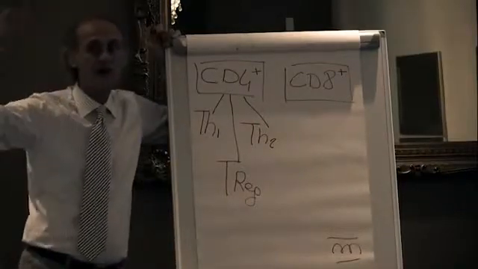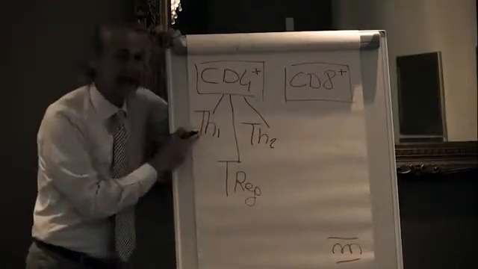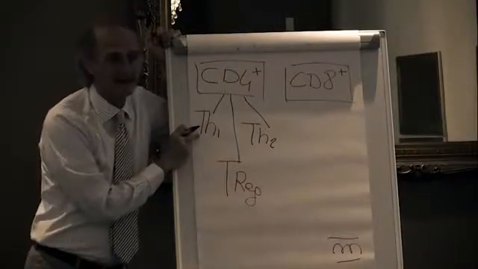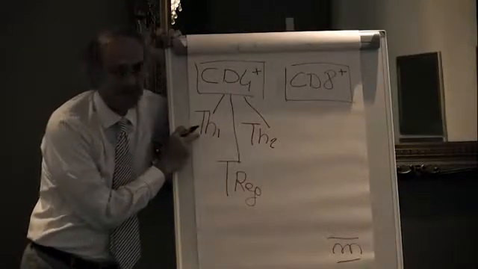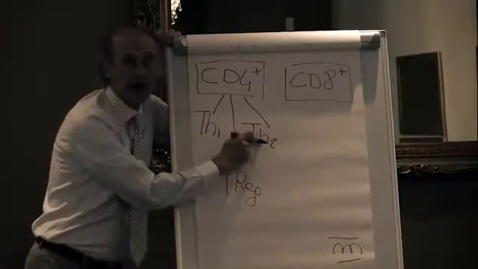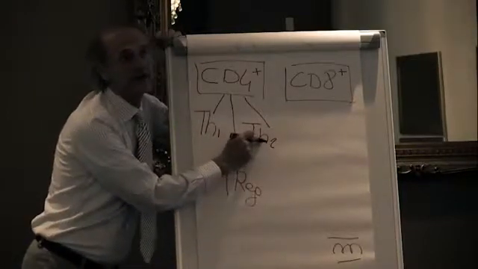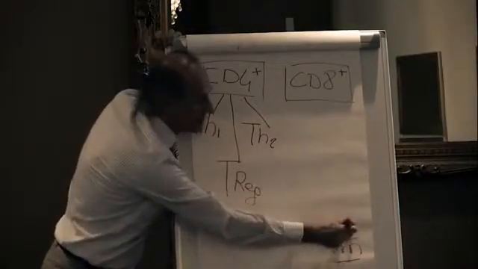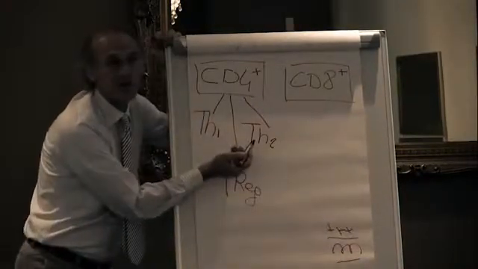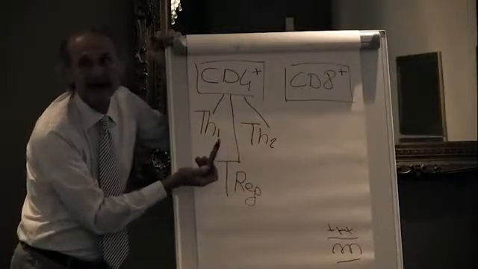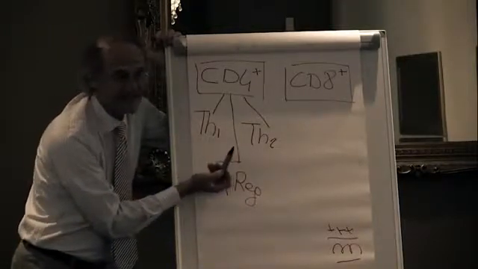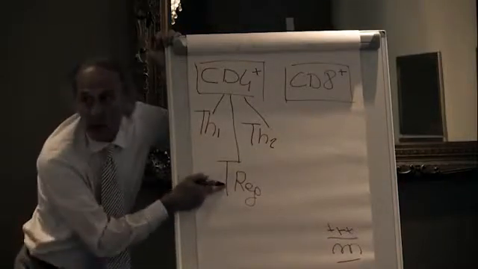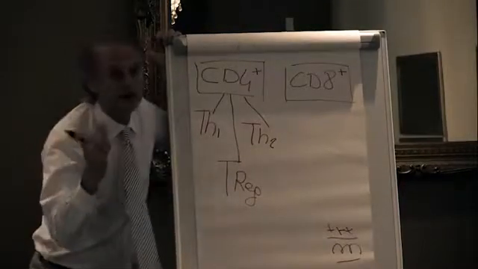If overexpressed, they are the main responsible of inflammatory processes. Th2 are responsible of humoral immune response. If overexpressed, they are responsible of atopy and allergic diseases. Treg are responsible of immune tolerance.